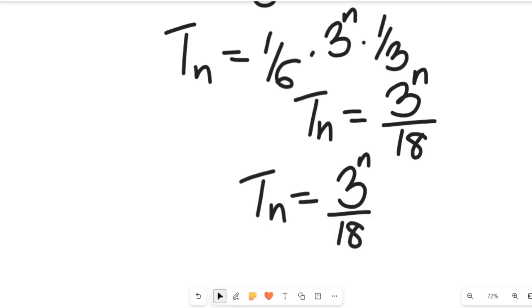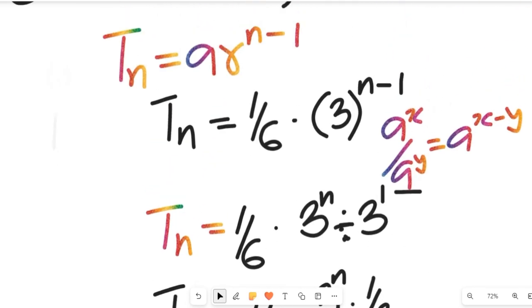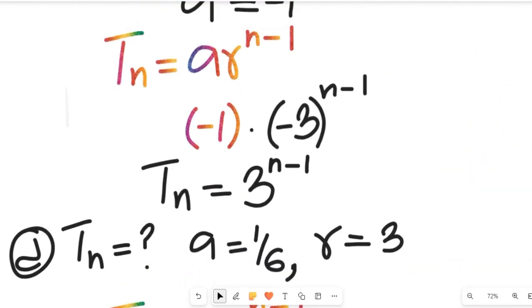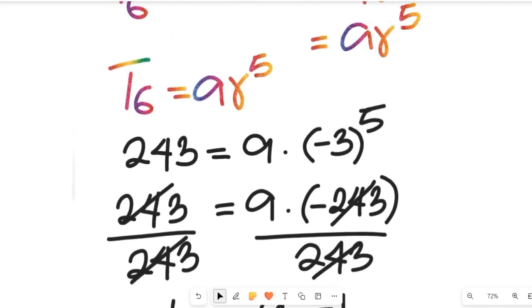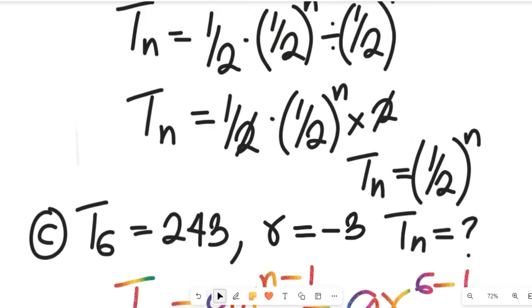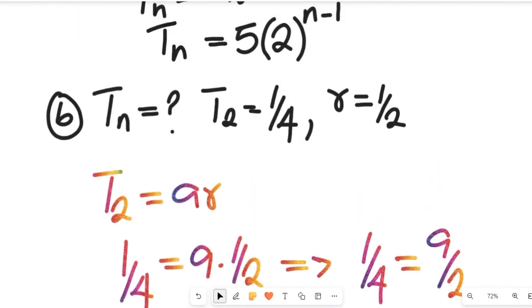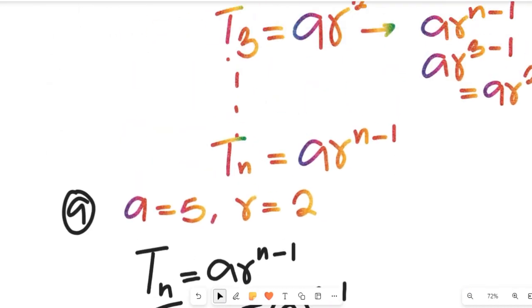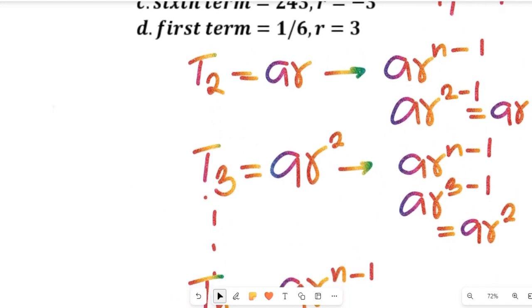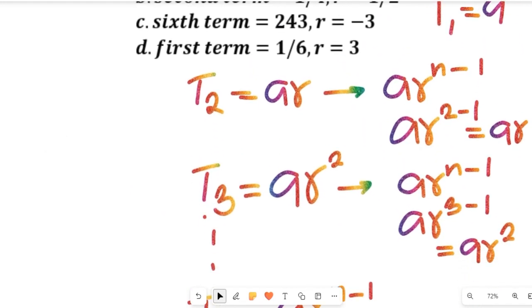So you see, finding the nth term of all these values can be very, very simple as long as we know the series of our geometric progression, or the sequence of our geometric progression, and that is exactly what we have given to you from the initial part of this video.